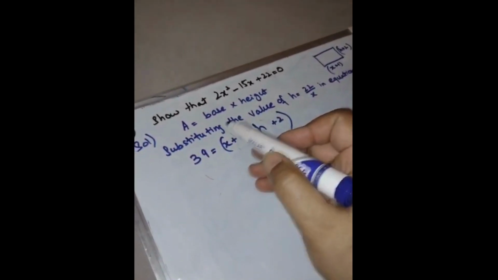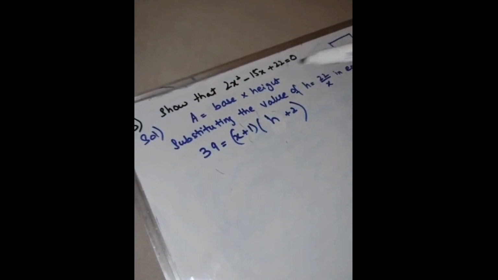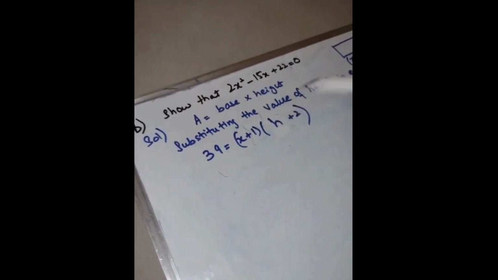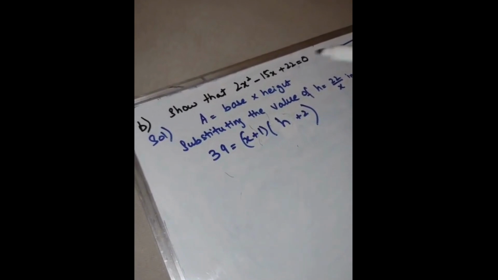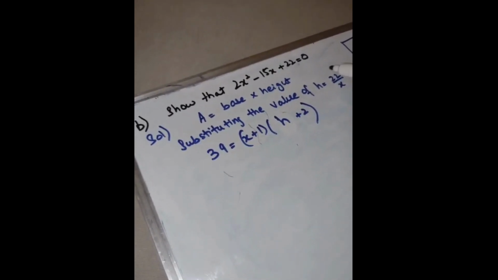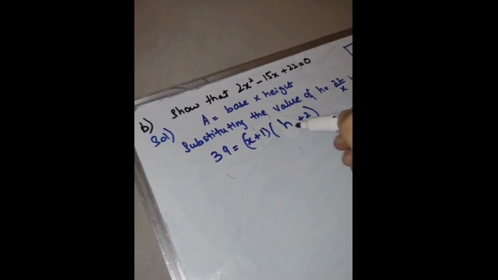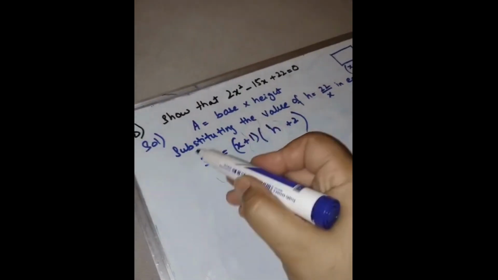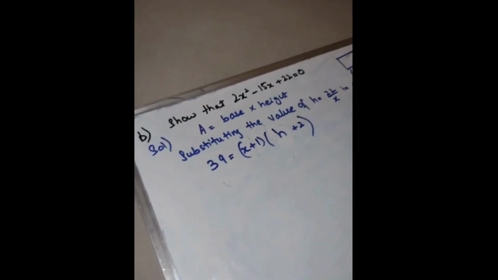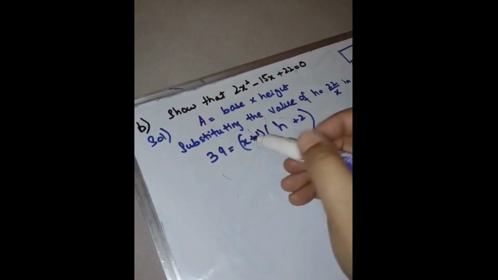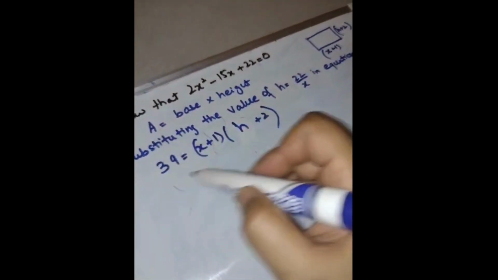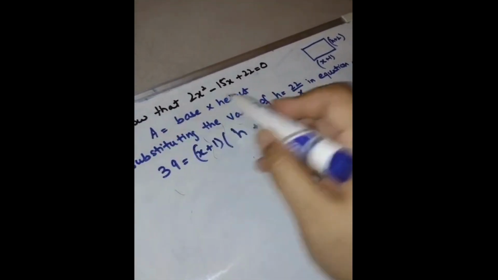First of all, we will extract this out of the equation, basically the area of this rectangle, and we take the value of x and substitute it in this equation in the same way we did in part A. So this is the area of the rectangle's equation. If the area is 39, base is x plus 1, and height is h plus 2, we just substituted the values in the formula for the area of a rectangle.